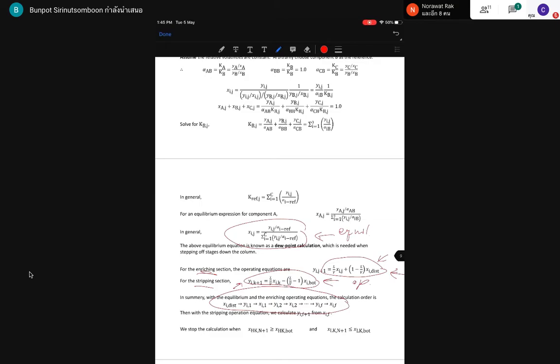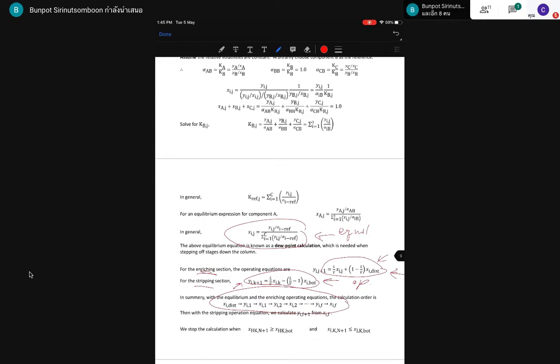You have to switch, and I think one of the tricky parts is knowing when to switch from the enriching operating equation to the stripping operating equation. For the stages above the feed, we use the enriching operating equation, and for the stages below the feed, we use the stripping operating equation.